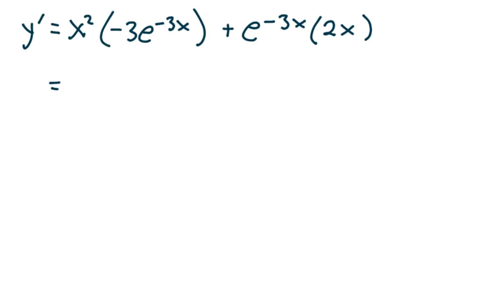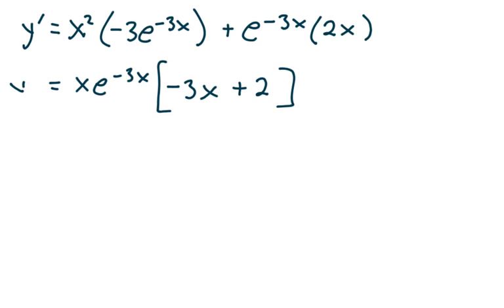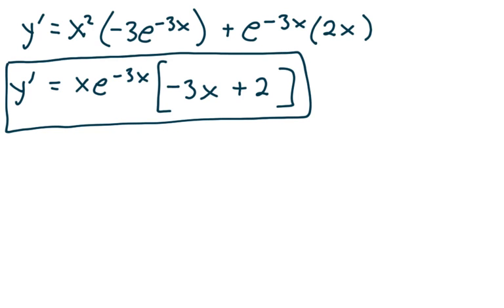And I can factor out an x e to the negative 3x from both terms. And when I do that, I get negative 3x plus 2. And that's equal to y prime. And that's the answer to problem number 17.